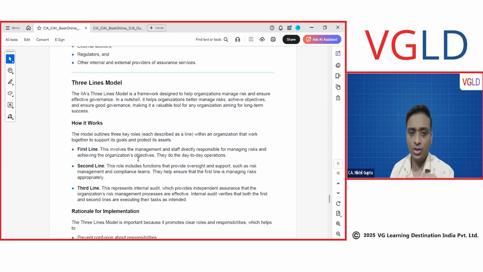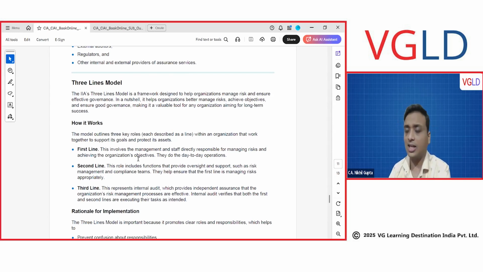Second line: this role includes functions that provide oversight and support, such as risk management and compliance teams. The second LOD's responsibility is to assess wherever the risk is. They have to do the risk assessment process, deal with compliance teams, and ensure that the first line is managing the risk appropriately.